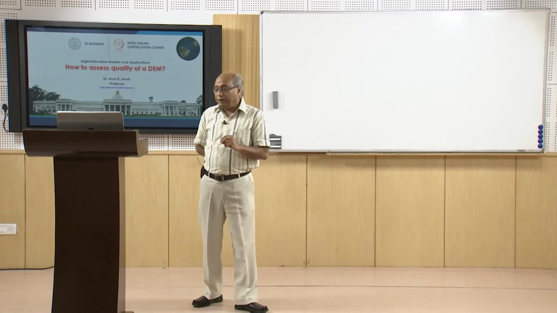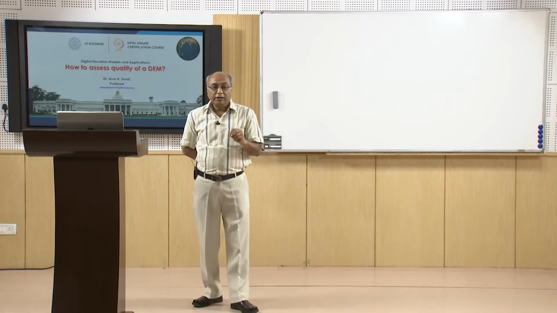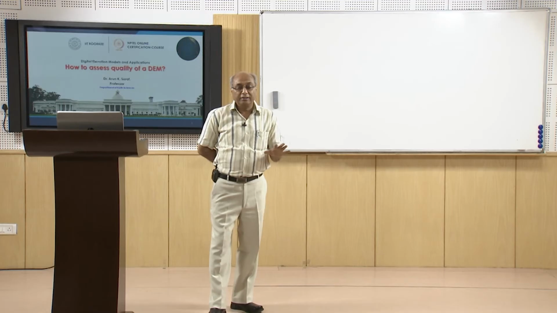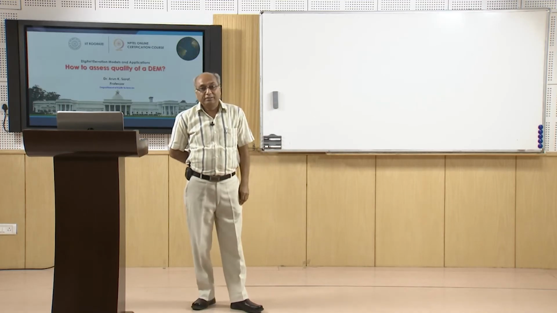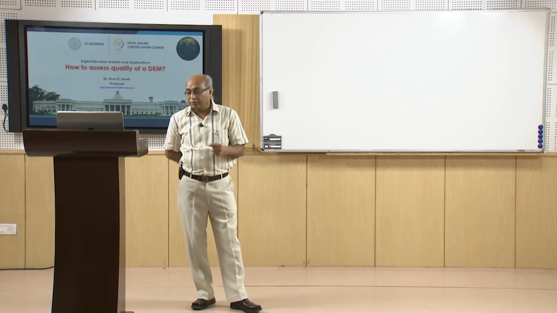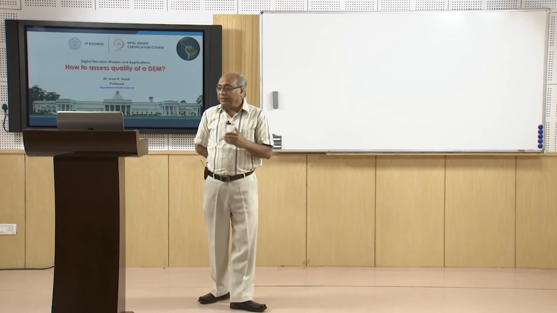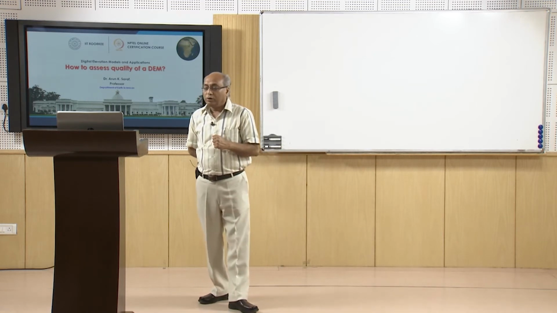And if we lack this knowledge, it can be expressed as uncertainty. If we don't know much about the quality and error component and other things, then we put them down as uncertainty. This is how it is expressed as uncertainty. Now, uncertainty has two components.